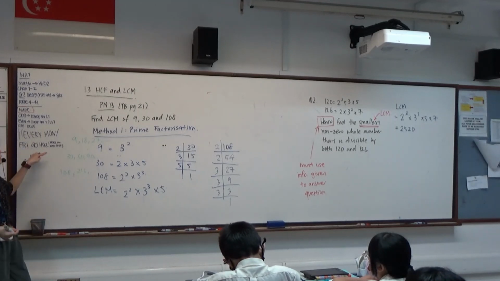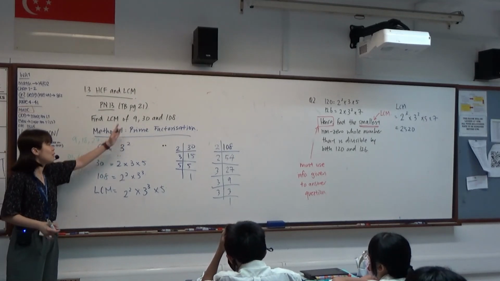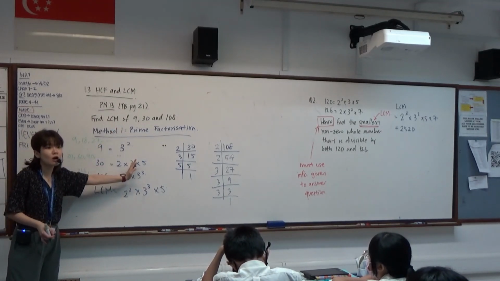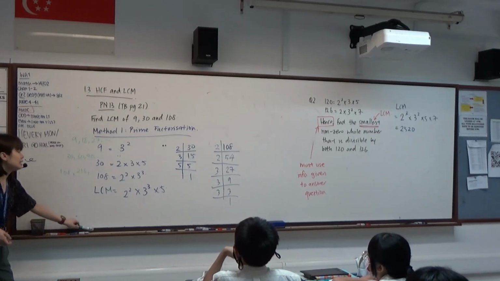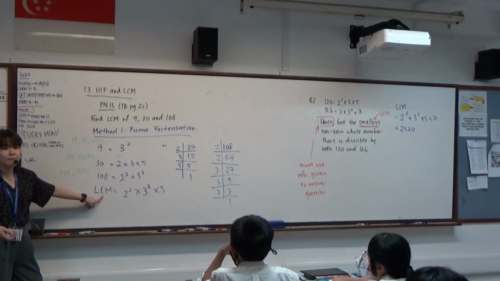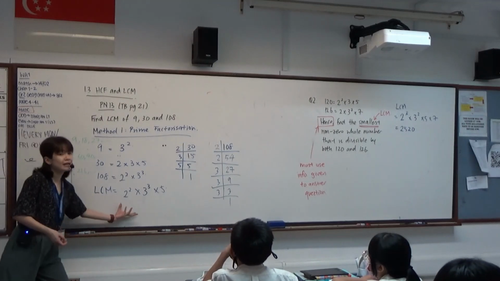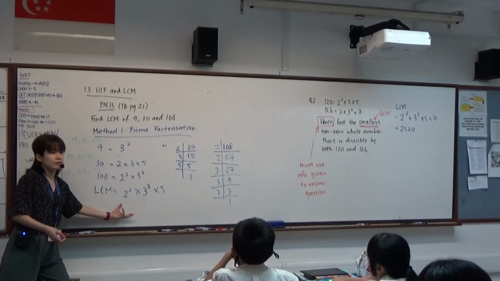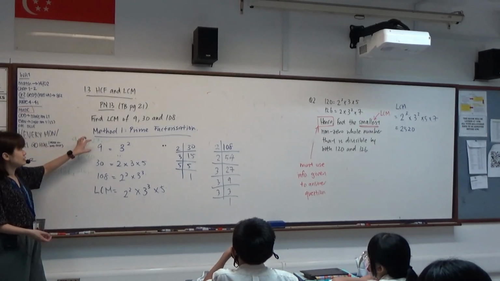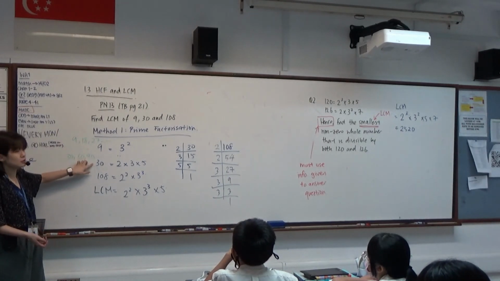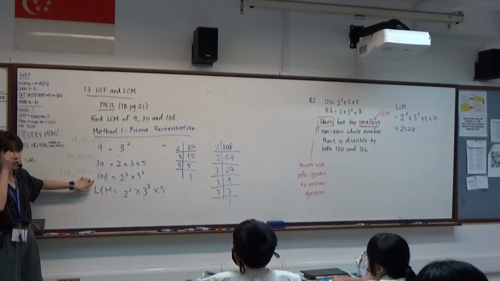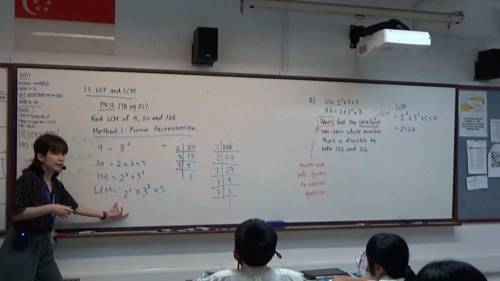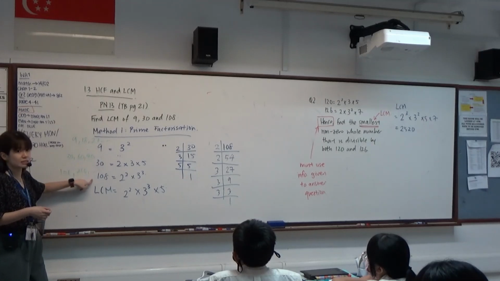So if I were to proceed with listing it out, I want to find the smallest one that is common amongst these numbers' multiples. Since I'm looking for lowest common multiple, the eventual number that I'm going to get must be able to divide by 9, must be able to divide by 30, must also divide by 108.